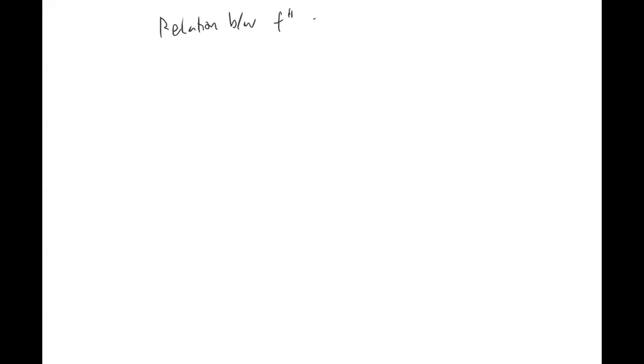The relation between f double prime and f prime is that it's just the slope of f prime. But what about f double prime and the original function?